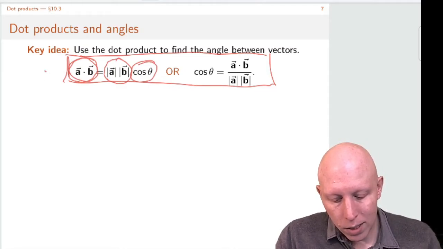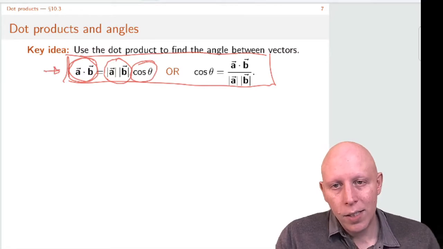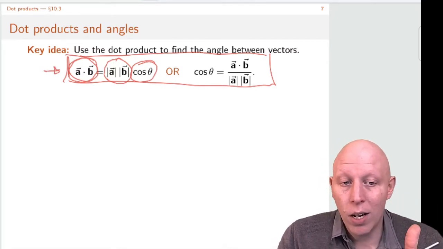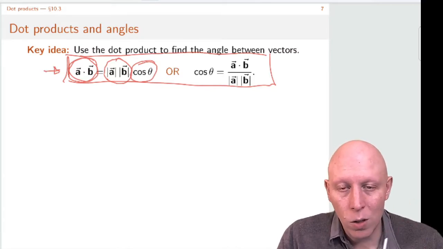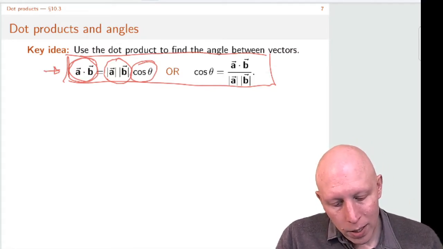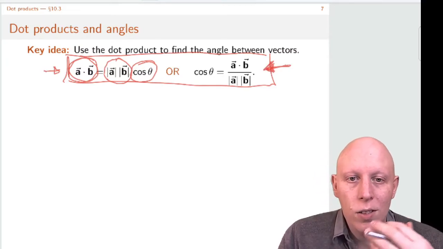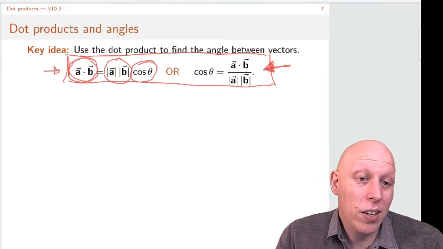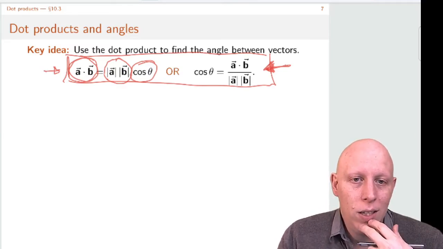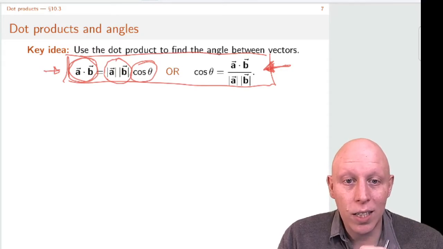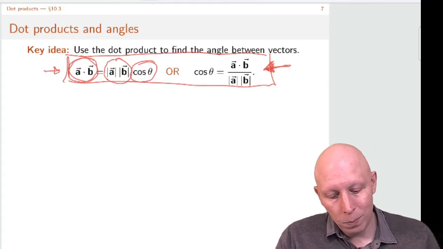So this first part is a statement about how to calculate A dot B if you have the length of A, the length of B, and the cosine of the angle between them. And this equation tells us how we might calculate the angle between vectors, if we have the vectors A and B and can calculate the dot product between them.